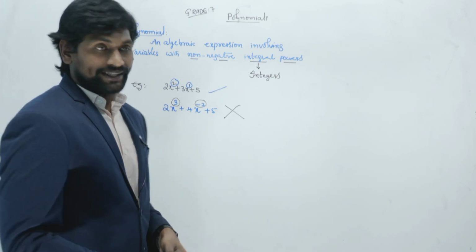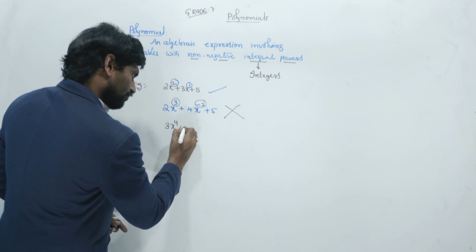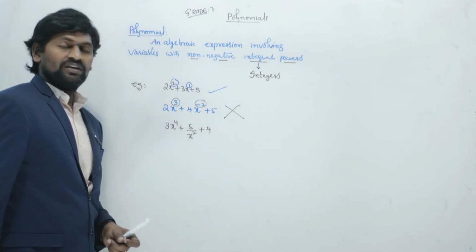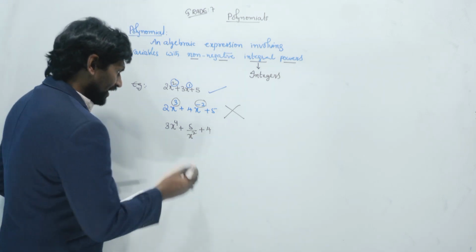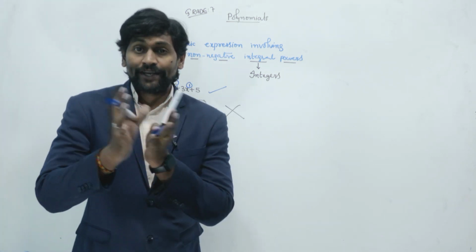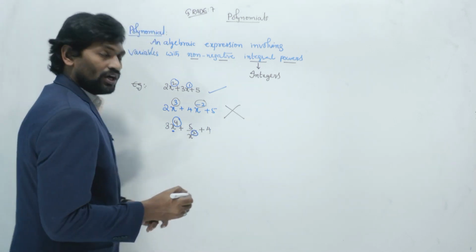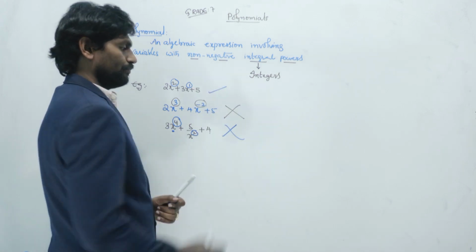Let me take one more example: 3x power 4 plus 5 by x square plus 4. Check the variable x. X has the power 4, and yes, 4 is a non-negative integer. Here x power 2 is also a non-negative integer, even though it is not a polynomial. Why?